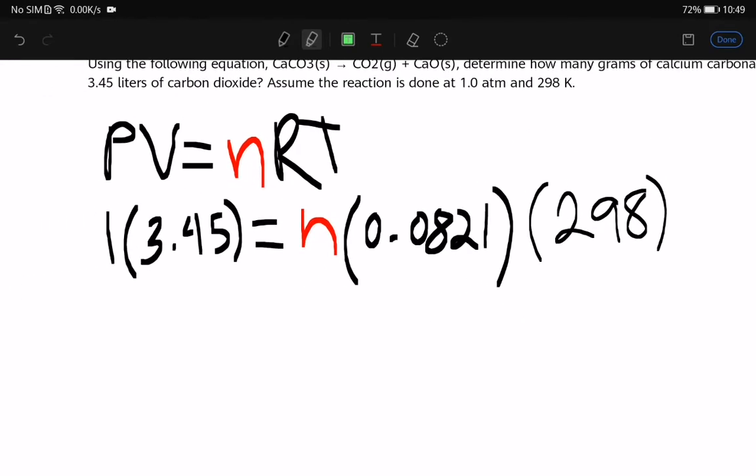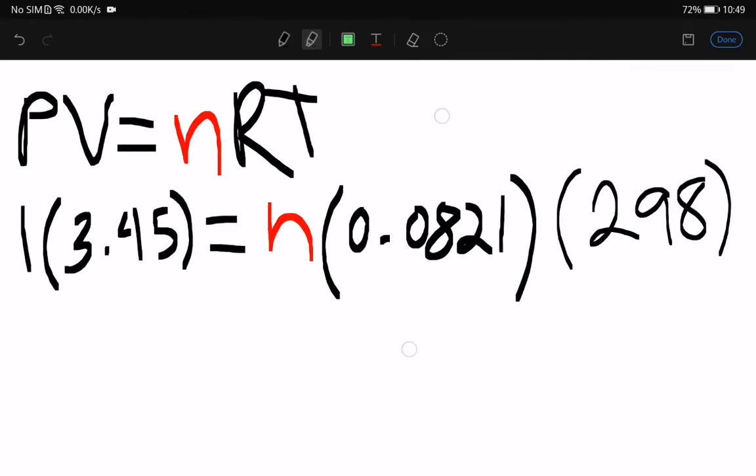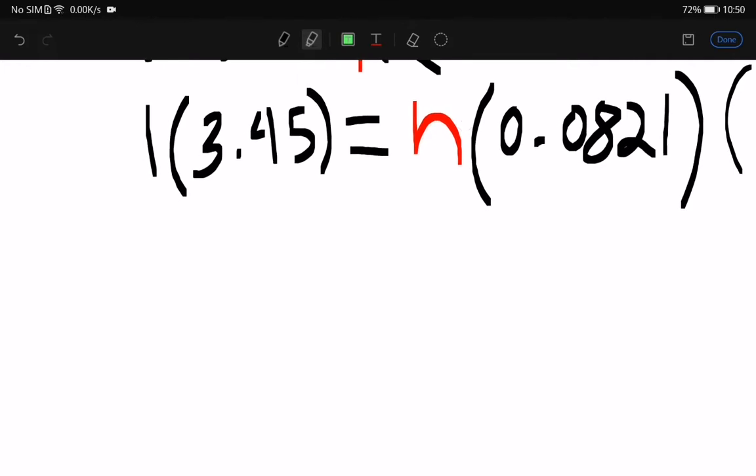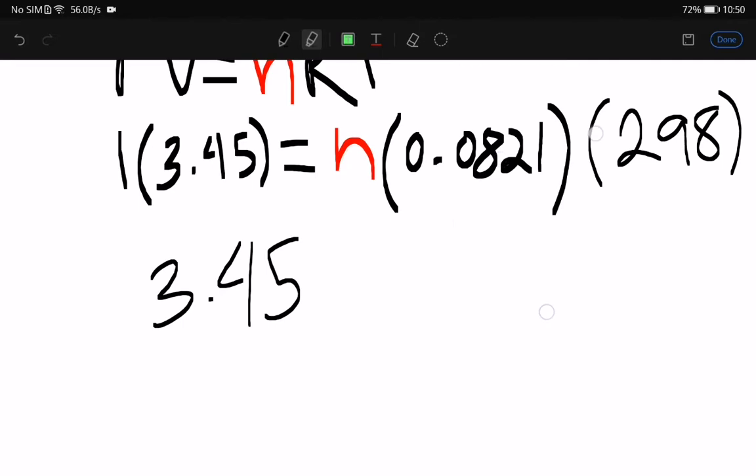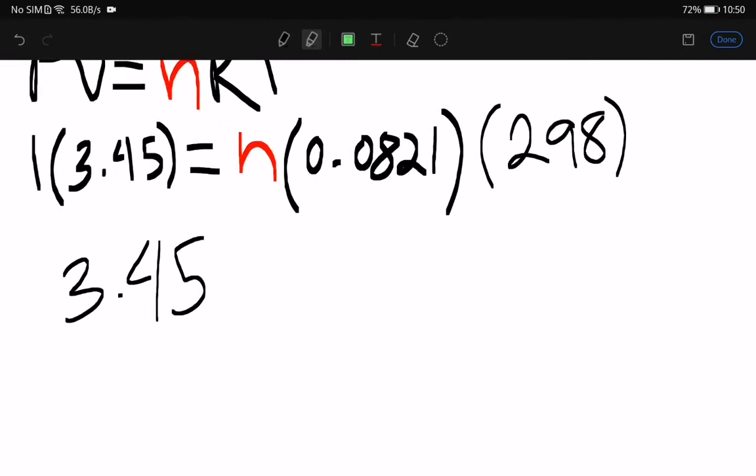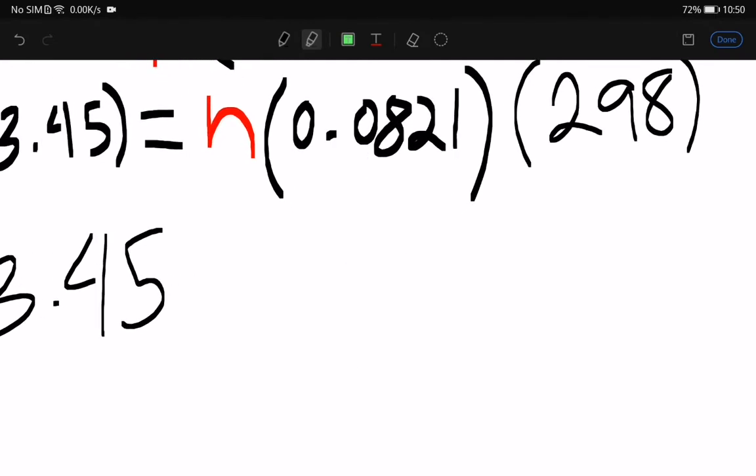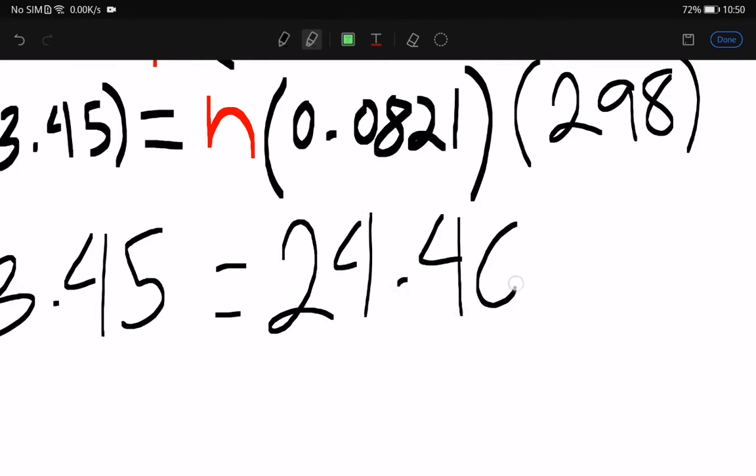Okay. So this is just 3.45. And then you may want to solve for this. So let me grab my calculator here. 0.0821 times 298 is equal to 24.4658. Yan.